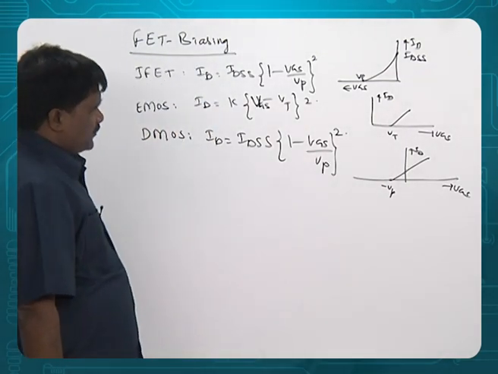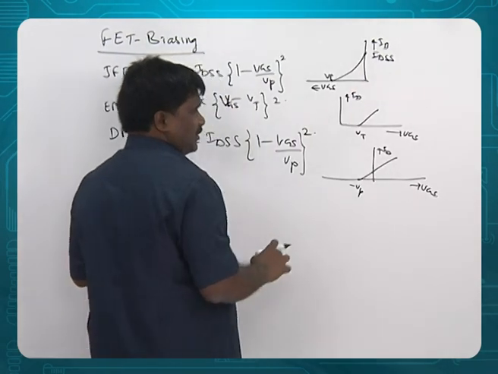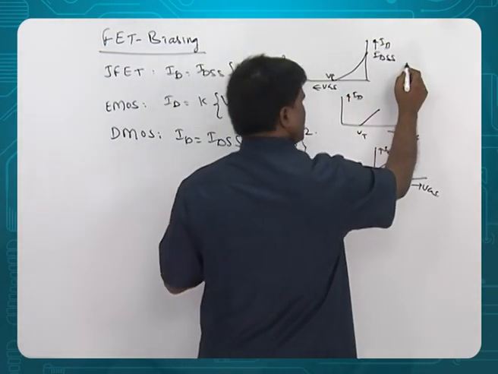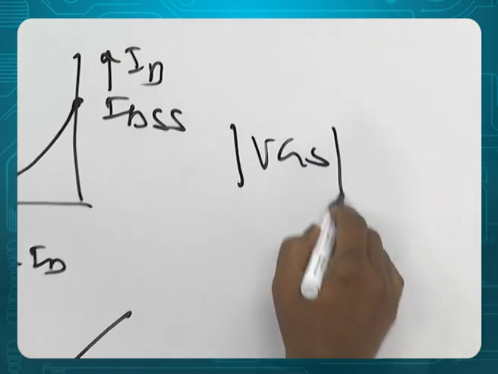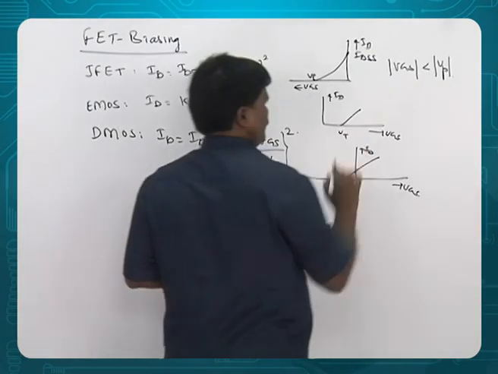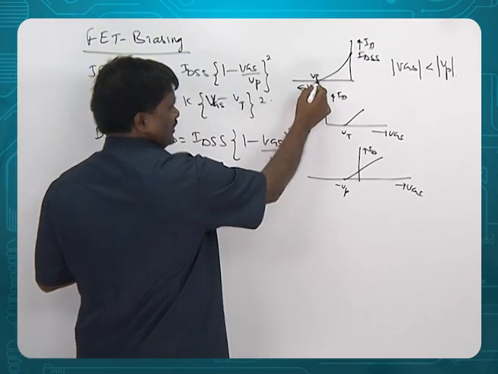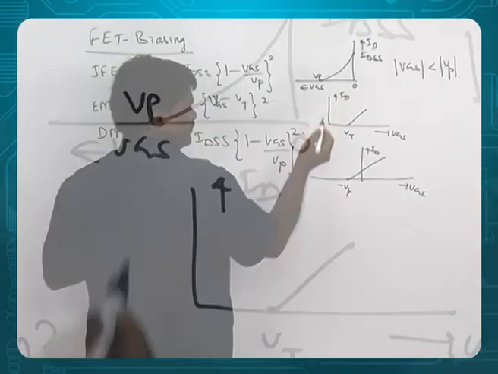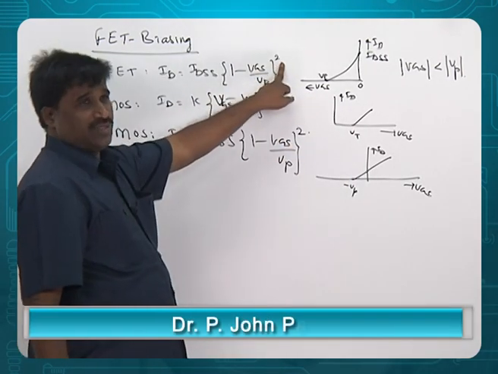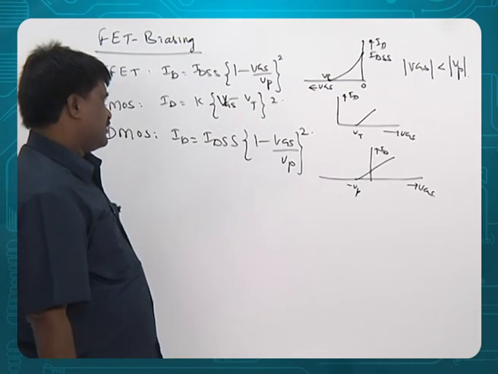Suppose you get two negative values here. Here you should take the negative value. If you get two negative values, the condition is VGS is less than VP. So you are very clearly seeing that VP is negative. But if you are getting both negative values because of the quadratic equation, you should take VGS less than VP.